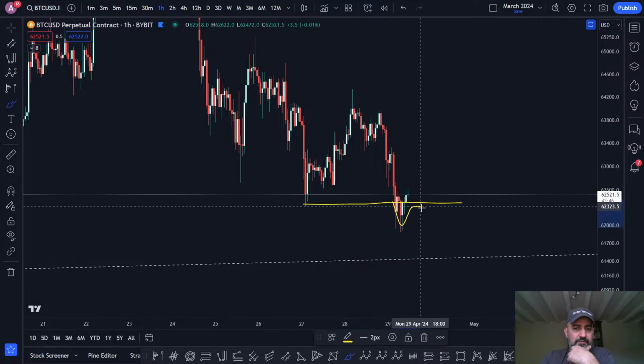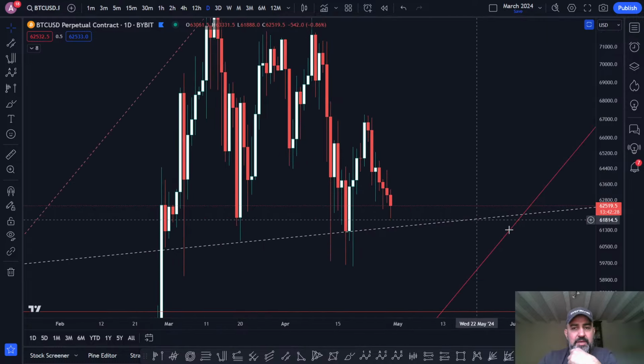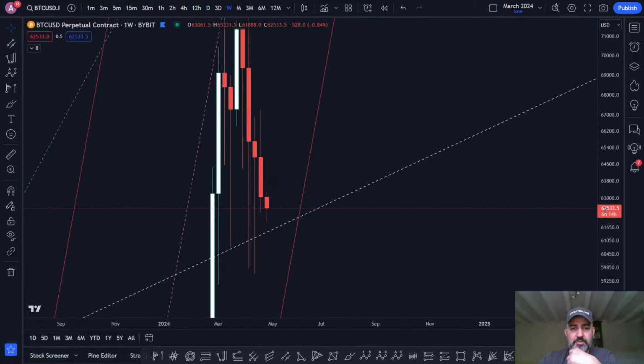So I'm not just expecting this to go down. Look, we've already taken the liquidity off the previous day low. We're trading right back above that pivot. It's weak, but it's not crazy. It's not like, oh my god, it's going to zero weak.